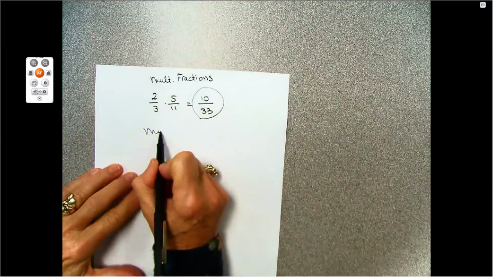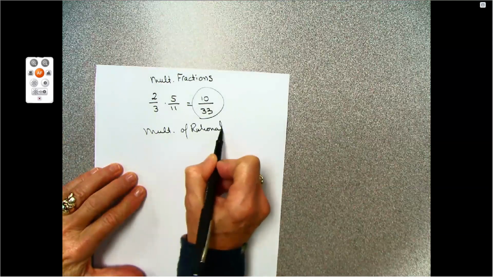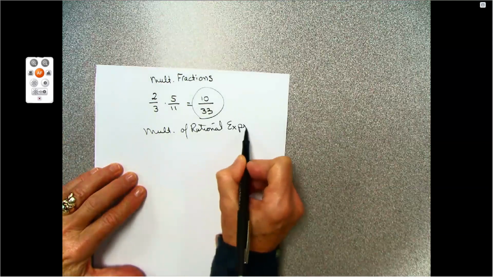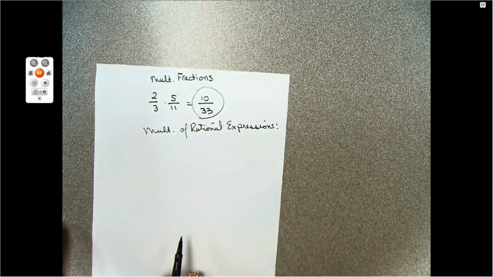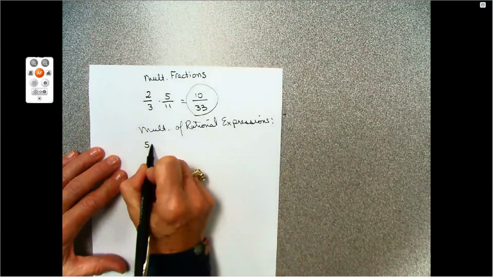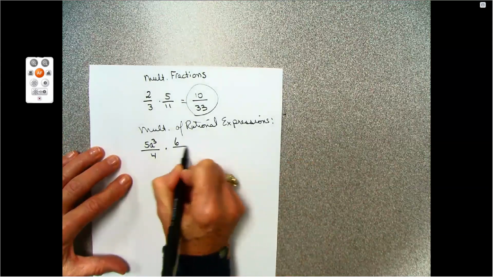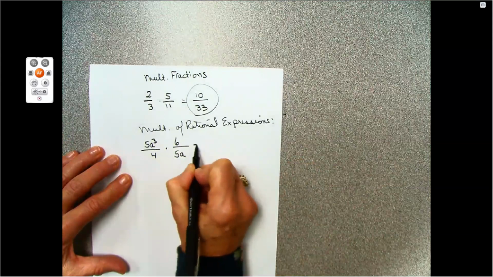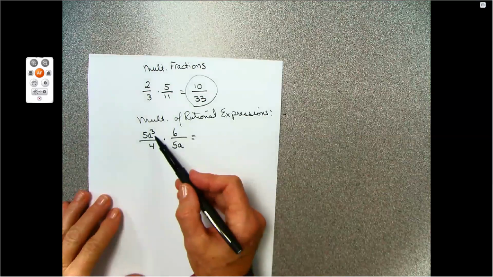Well, multiplication of rational expressions. 5a cubed over 4 times 6 over 5a. Multiplication of rational expressions looks like fractional form.